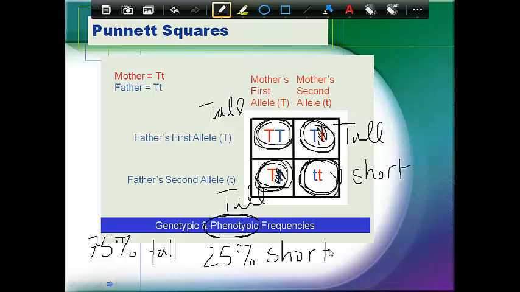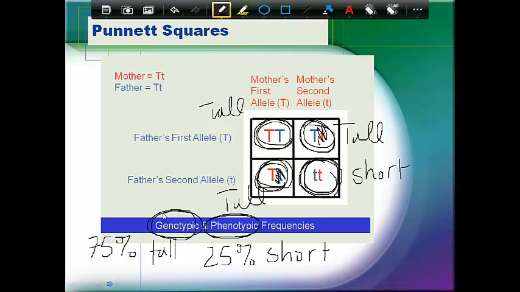So we've got the phenotypic frequency is a 75-25 frequency. And if you remember back when we did the genotypic frequency, it was a 25-50-25 frequency. So the genotypic and the phenotypic frequencies aren't always the same because the alleles that you have don't always automatically equal the same phenotypes because that dominant allele can cover up that recessive phenotype.